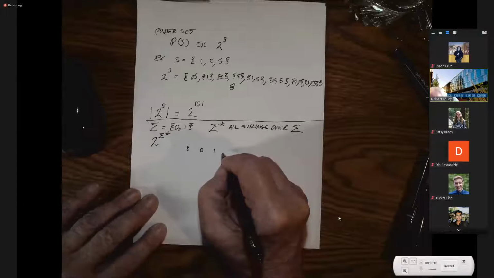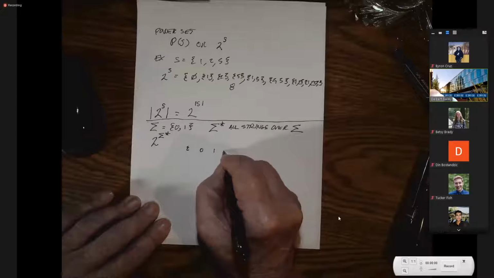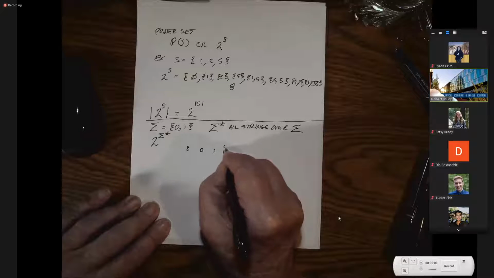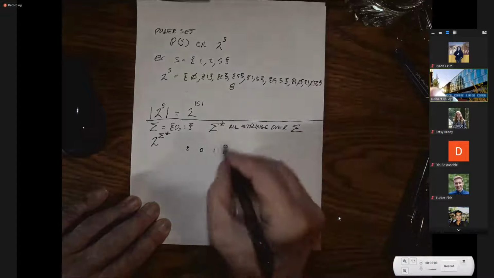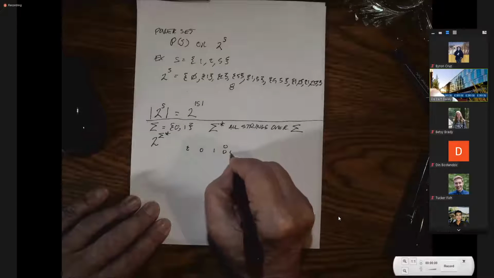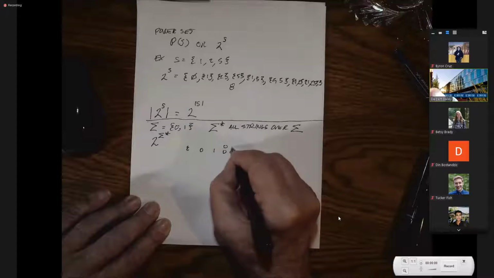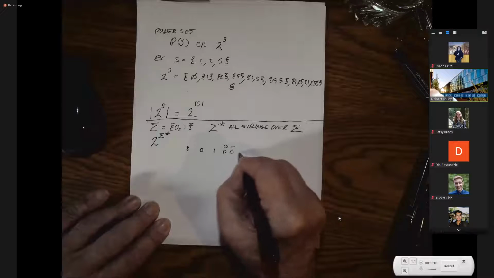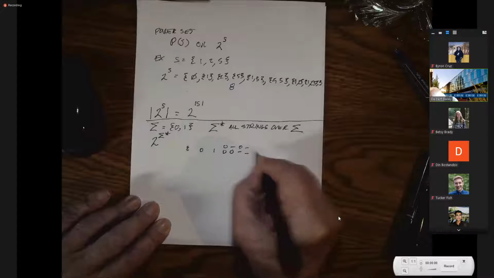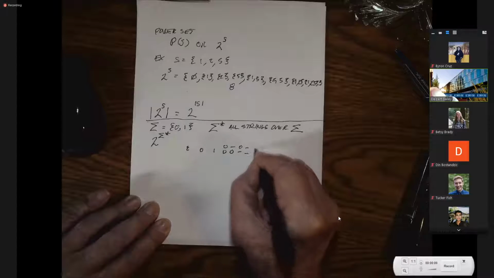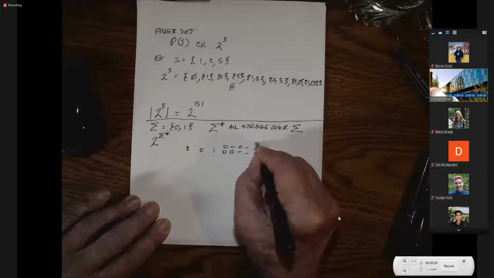And then we've got the two things. I'm thinking of reading this from this way. Strings of size 2. And then strings of size 3, etc.